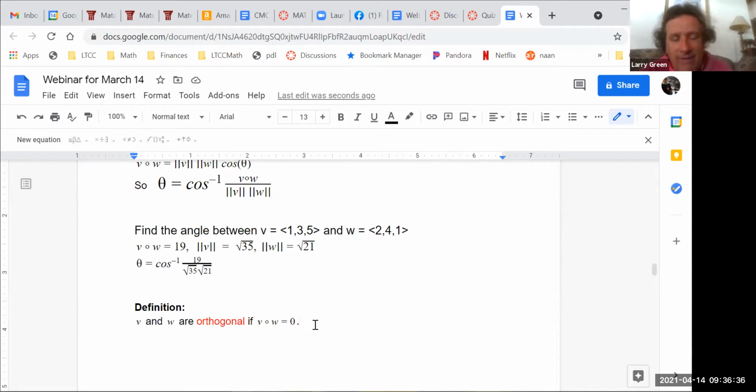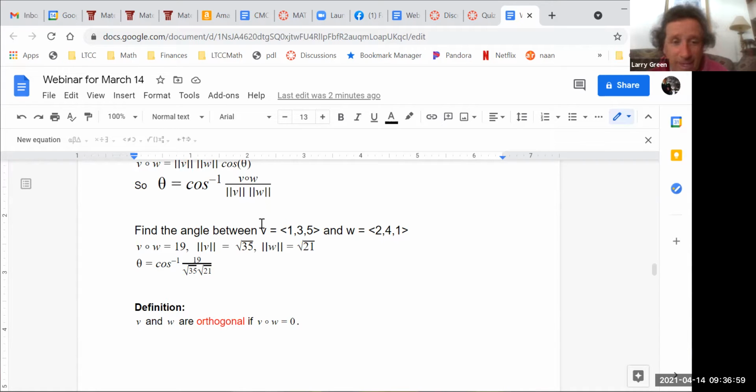But the formal word that mathematicians use is orthogonal. Don't ask me why they use two different words. Don't shoot the messenger on this one. But we use orthogonal. So the awesome thing is it's very easy to decide whether angles are orthogonal or not.